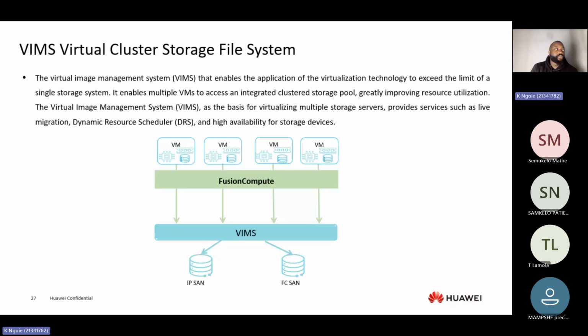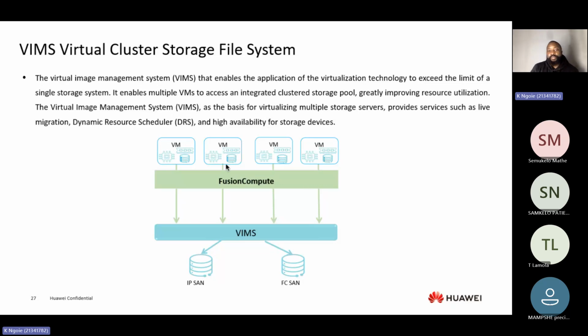What Vim is going to do is enable the application of the virtualization technology to exceed the limit of a single storage system, which will enable multiple virtual machines to access a clustered storage pool, which will improve resource utilization. So the Vim, as the basis of virtualizing multiple storage servers, provides services such as live migration, dynamic resource scheduling, and high availability for storage devices.